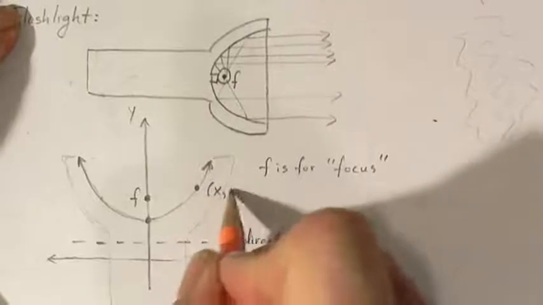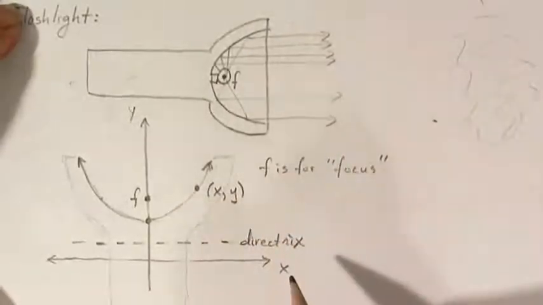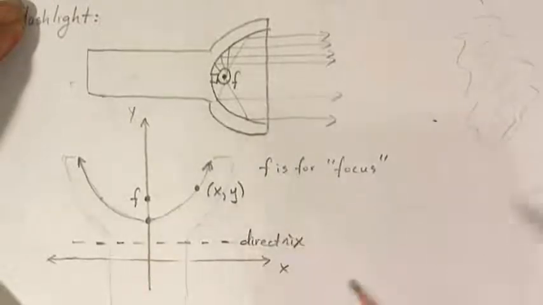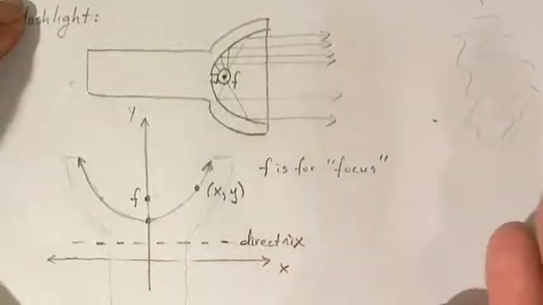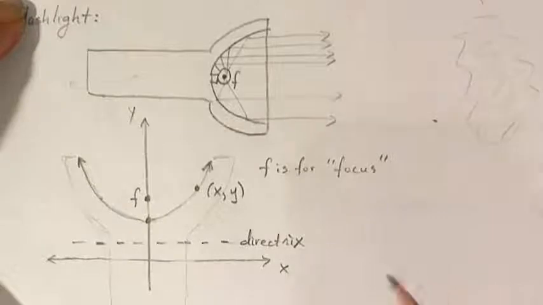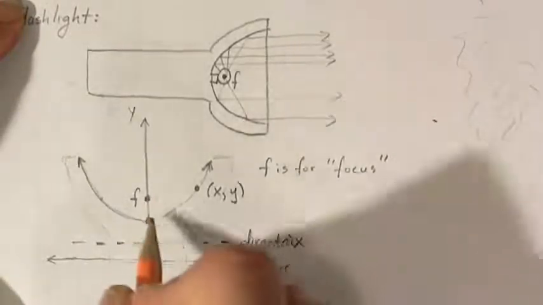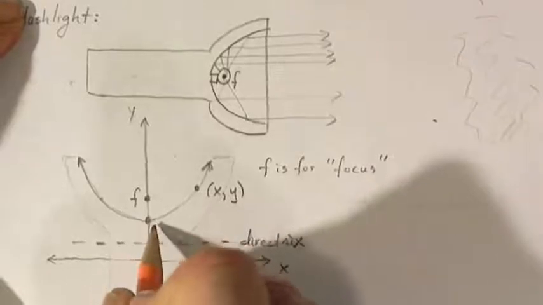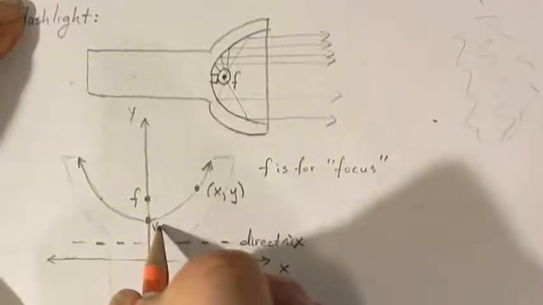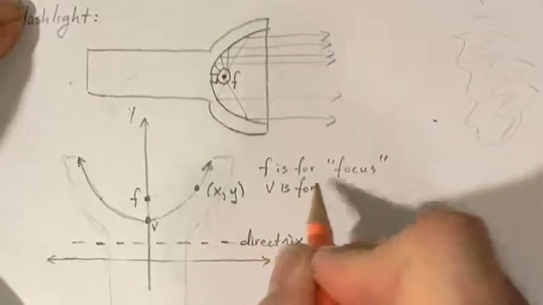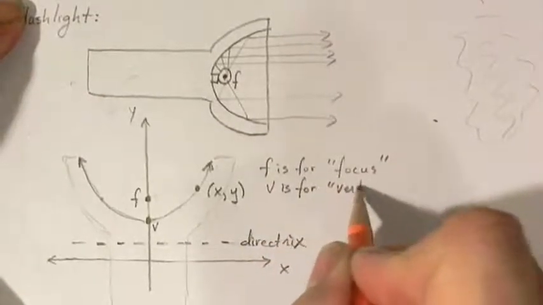This is the point x, y, and we also pick a characteristic point from the parabola. For the circle, it was the center. For the parabola, it will be this point, which is called V. And V is for vertex.